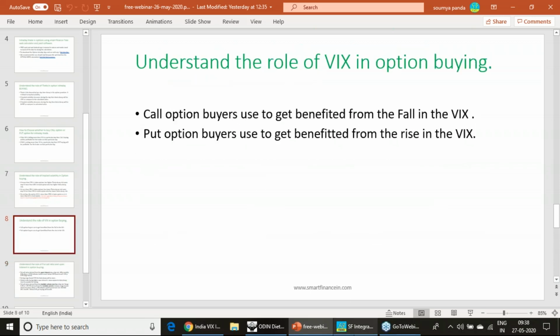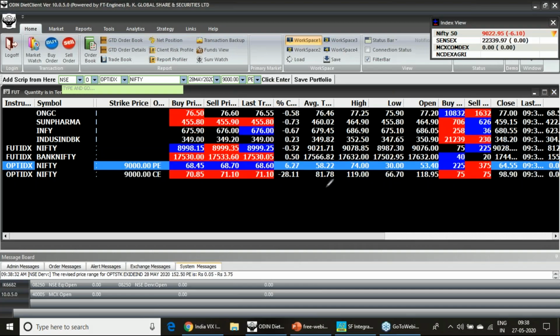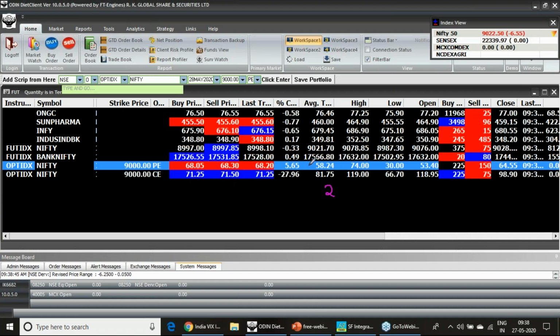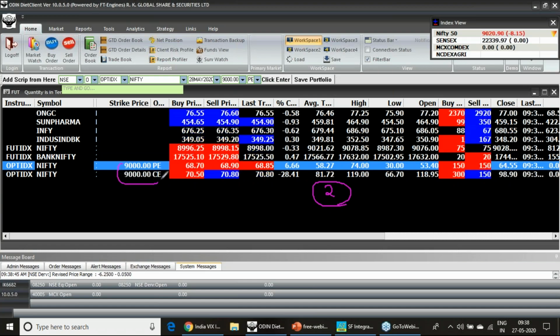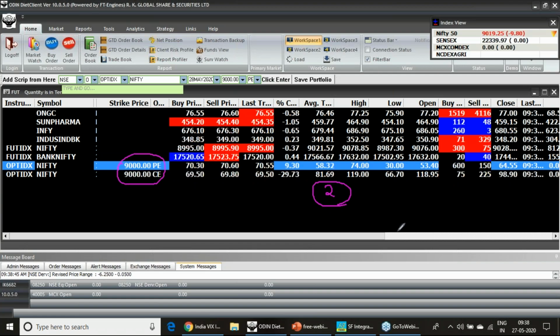And one more thing I just want to tell you here. We have just 2 days left for the experiment. Just 2 days, today and tomorrow. So normally in this kind of situation, what happens? Your current month contracts will have a higher theta decay probability.